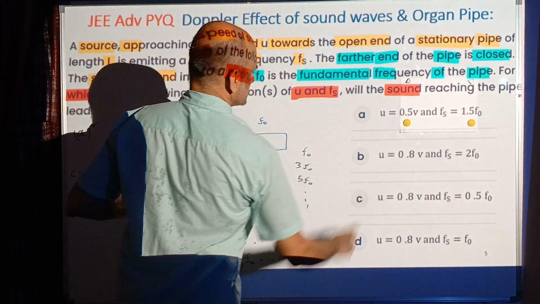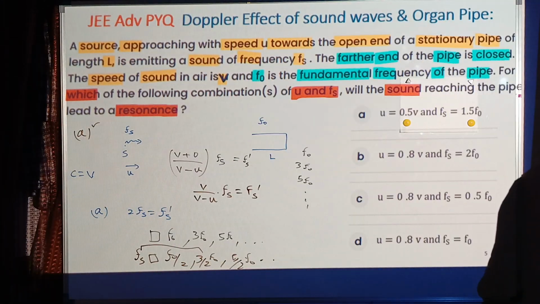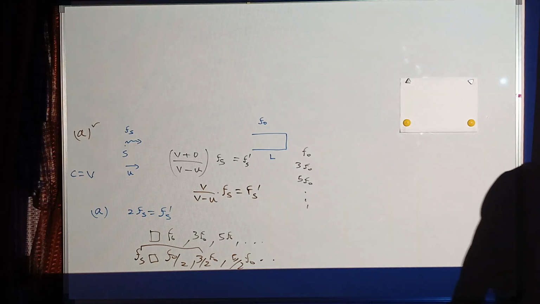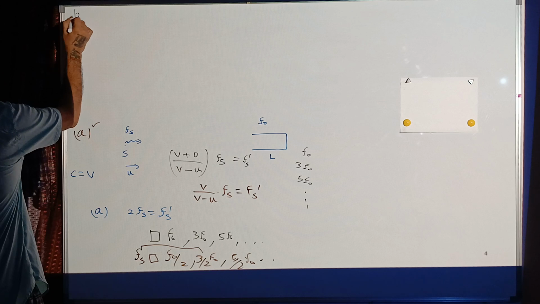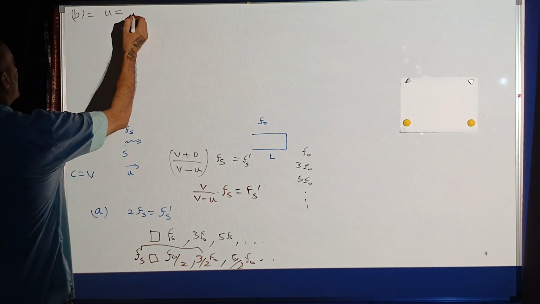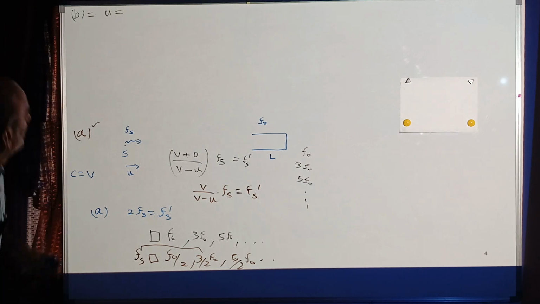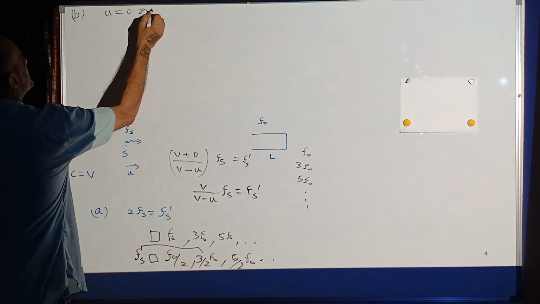Option B, u is 0.8 v. Option B, u, which is the speed of the source moving towards the stationary pipe, is 0.8 v.